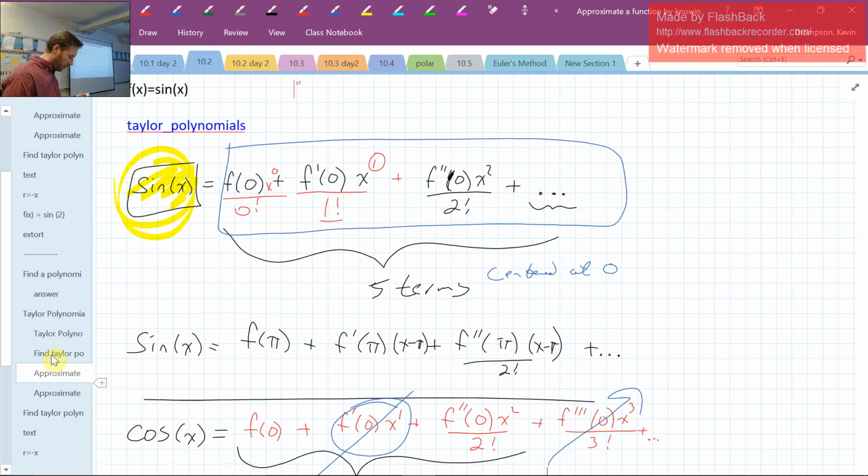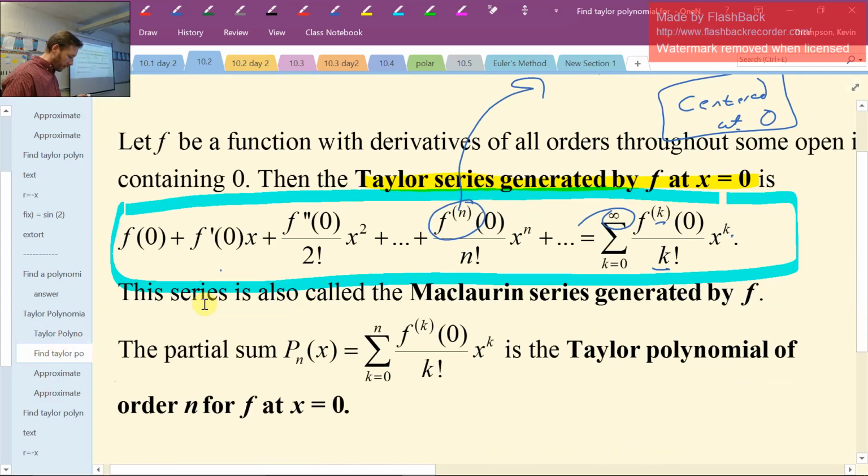This is all I'm saying. If we do this, the question was, what if it was e to the x? So what's f prime of 0? It's e to the 0, which is 1.